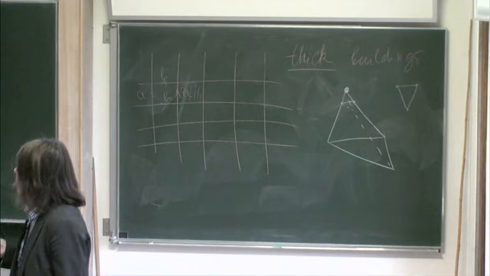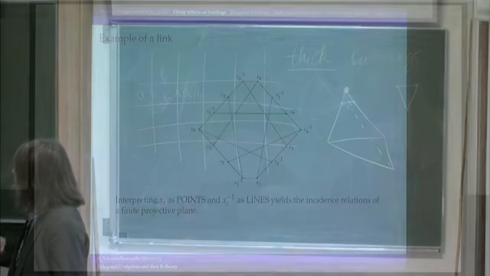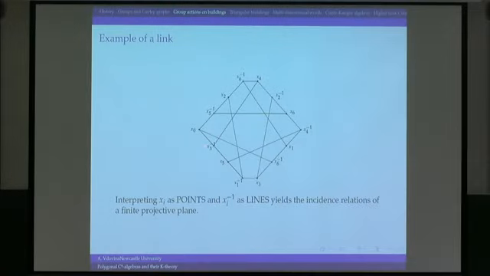So we can think about those xi's as points and xi inverses as lines of a so-called finite projective plane. But again, you don't need to know what a finite projective plane is.